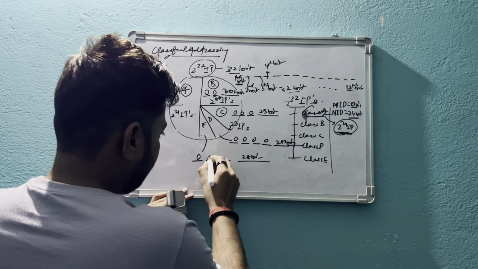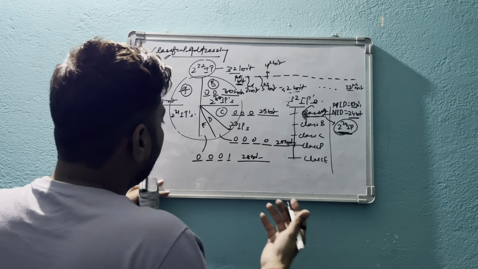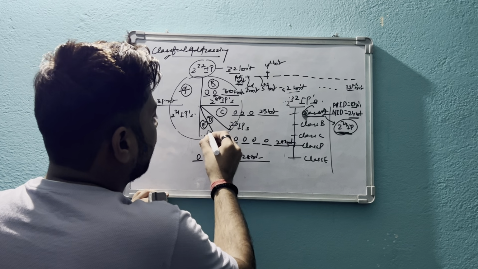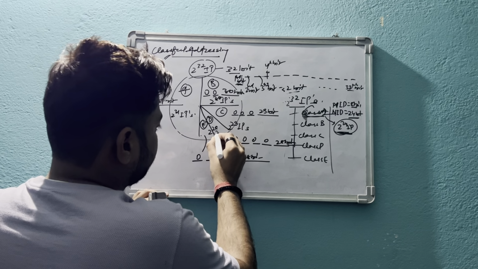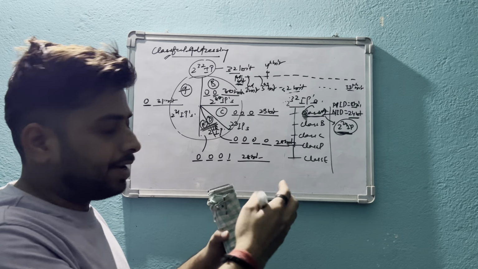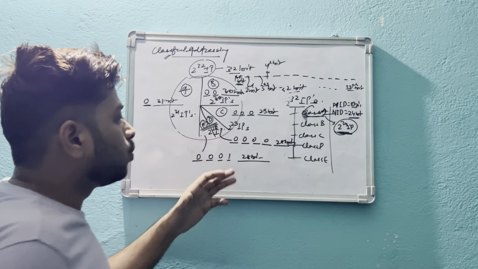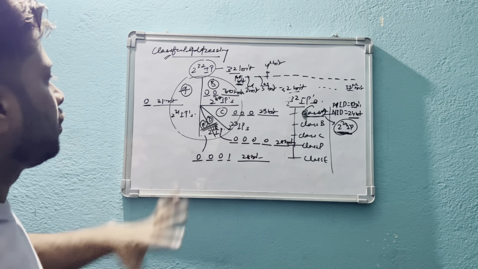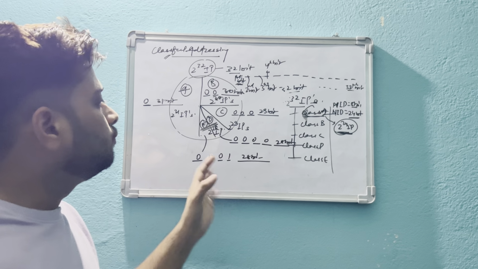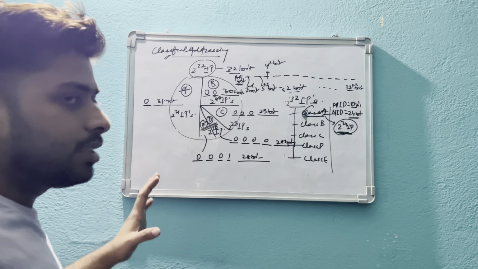The last, that is this one. In class D and E we both have 2 to the power 28 IPs. So it is true for both class D and E. So I believe this much explanation is quite enough for your revision of classful addressing.